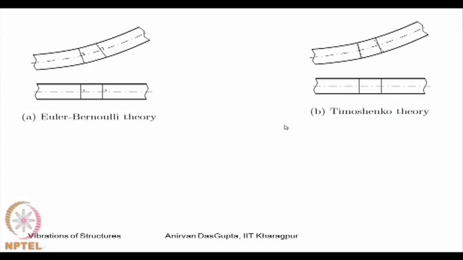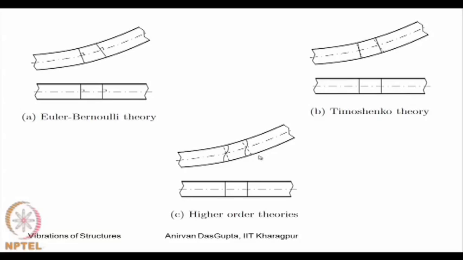Now, you can then think of higher order theories in which the plane section need not at all remain plane. So, there is warping of the cross section.